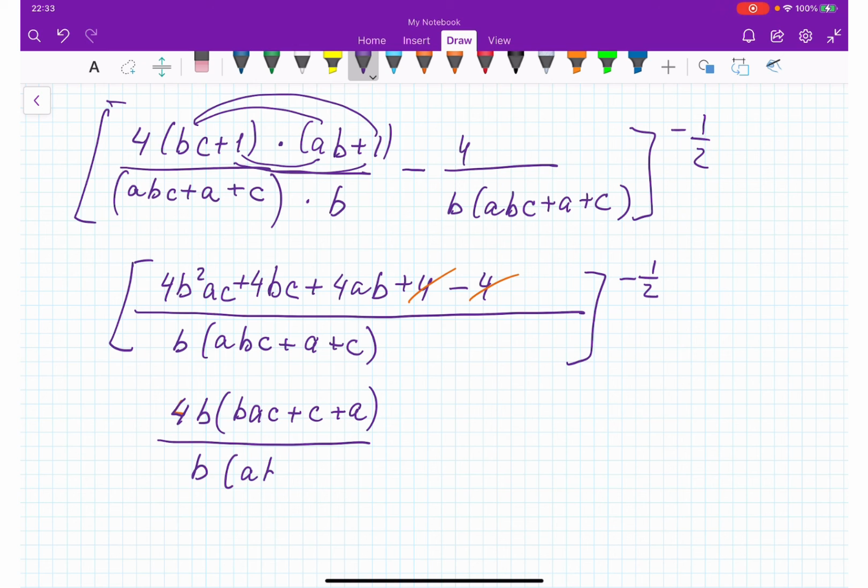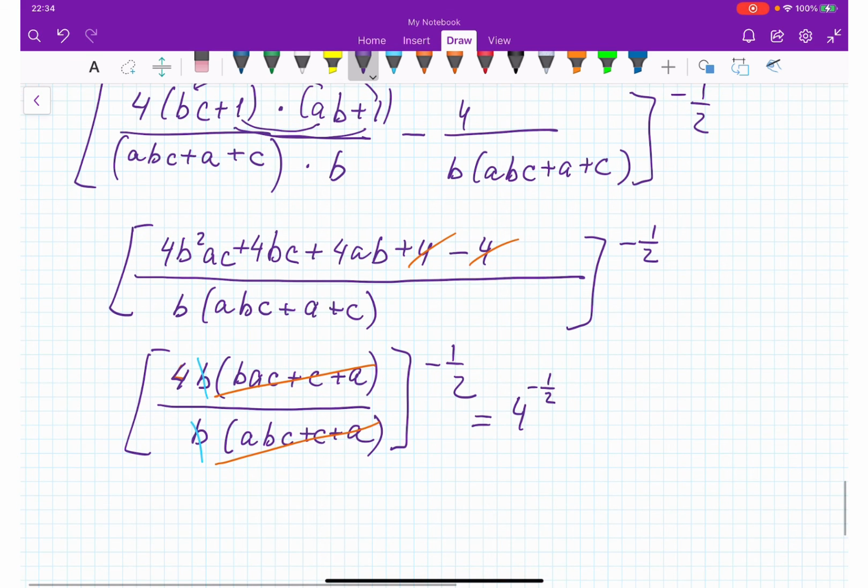B over ABC plus A plus C plus A, to power negative 1 half. Now here, ABC plus C plus A canceling, and then B is canceling with B, and we got 4 to power negative 1 half. 4 to power negative 1 half is going to be 1 over 4 to power 1 half, because a to power negative n is equal to 1 over a to power positive n.